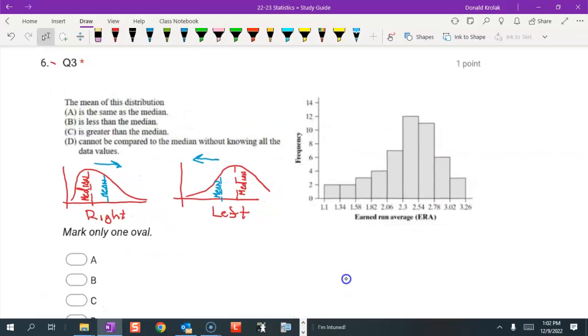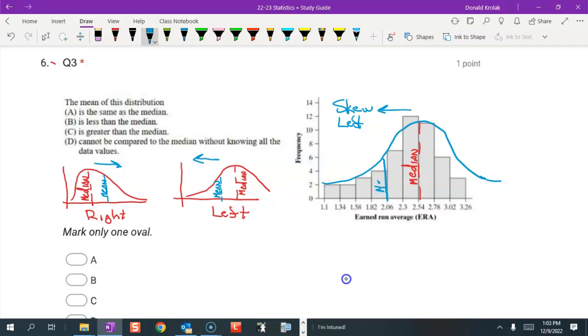Okay, the mean of this distribution. So this distribution is skewed to the left. And what that translates to, the median is going to be where the peak is. And whichever direction it's skewed to, so in this case, it's skewed left, the mean gets pulled that direction.